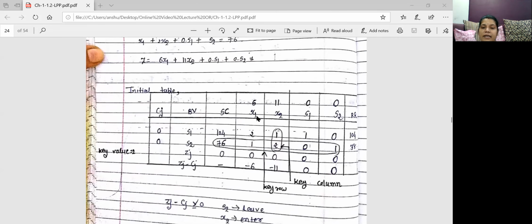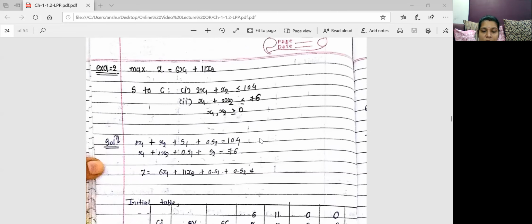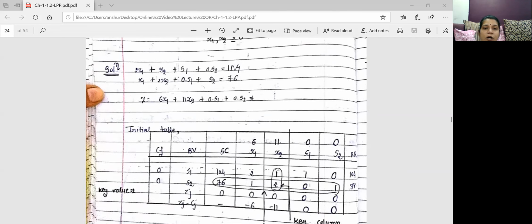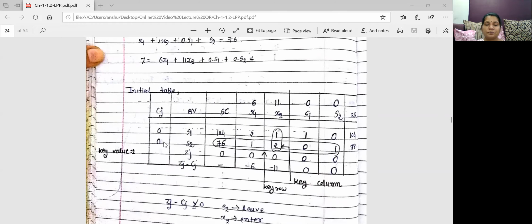So we write x1 x2 s1 s2, and in the upper row we write the coefficients of x1 x2 s1 s2. They depend on our objective function, so we write the coefficient of x1 6, coefficient of x2 11, coefficient of s1 0, and coefficient of s2 again 0.